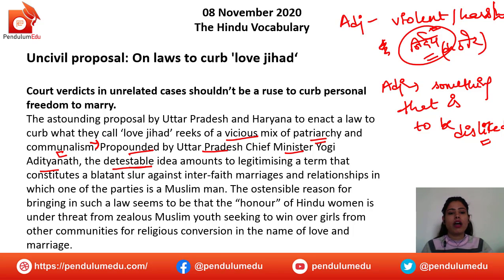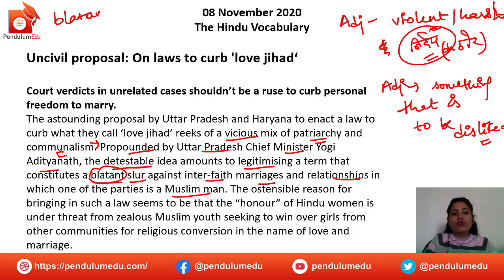It was his idea. It amounts to legitimizing a term that constitutes a blatant slur against interfaith marriages and relationships in which one of the parties is a Muslim man. Guys, blatant is a beautiful word. Blatant is used a lot because nowadays, instead of saying clear or evident, this word is used.